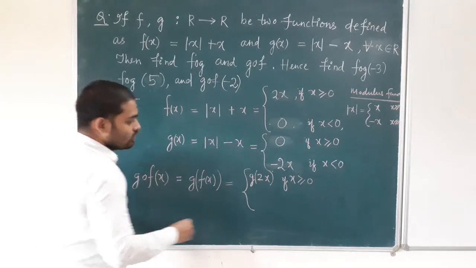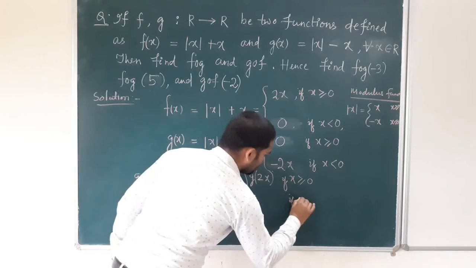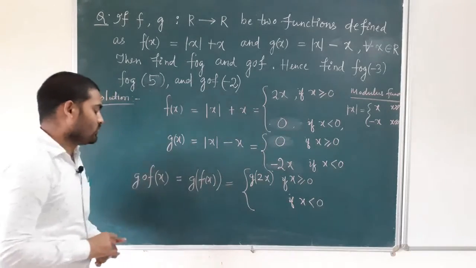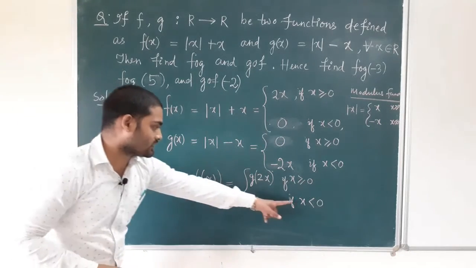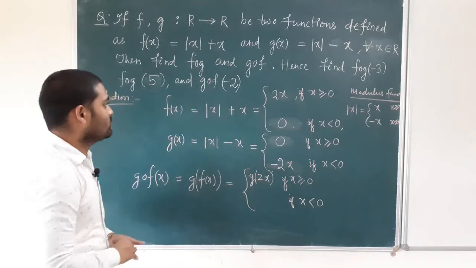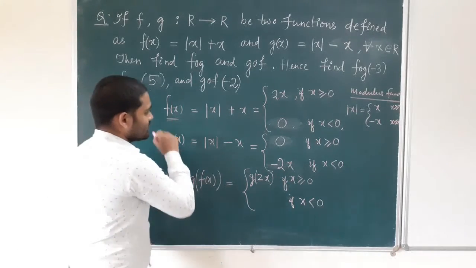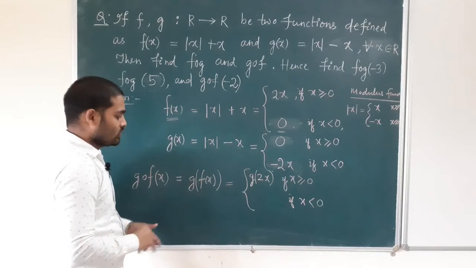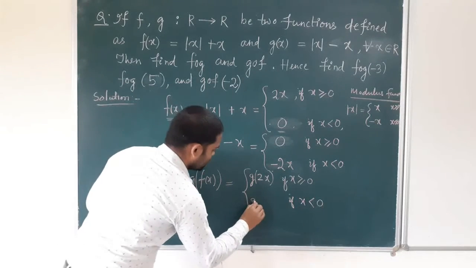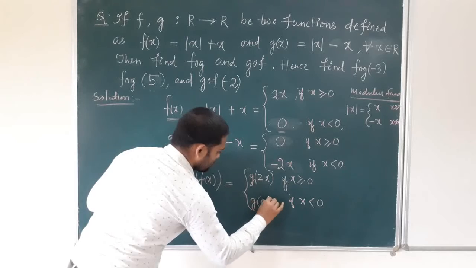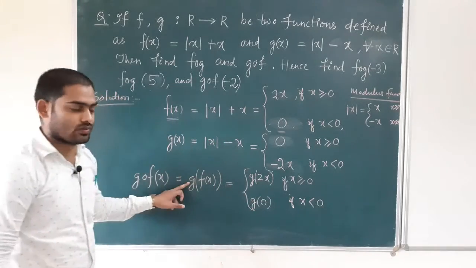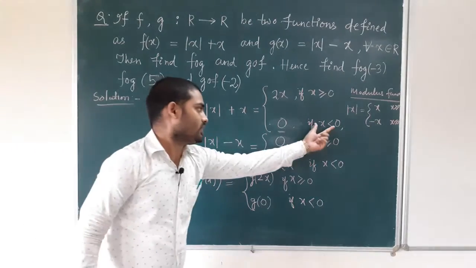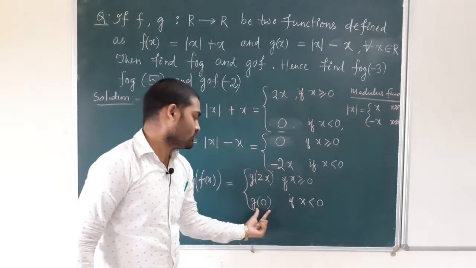Now when x is less than 0, that time f of x is equal to 0. So you can write g of 0.